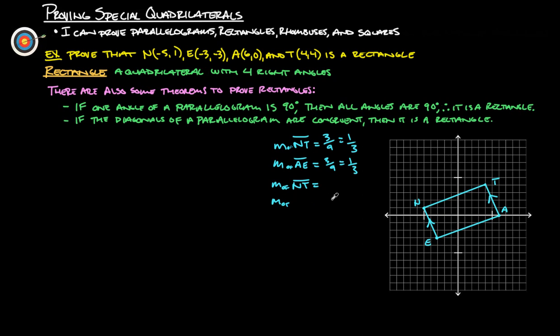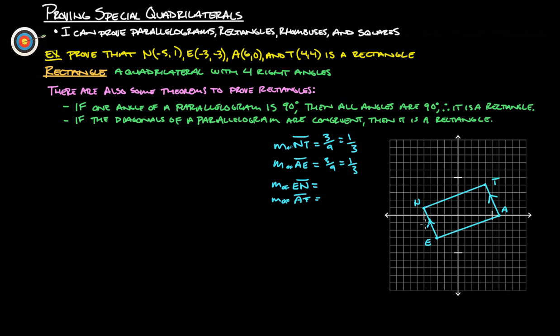Now let's do the slope of EN and the slope of AT. E and N, N's on the left, so we start with that one.